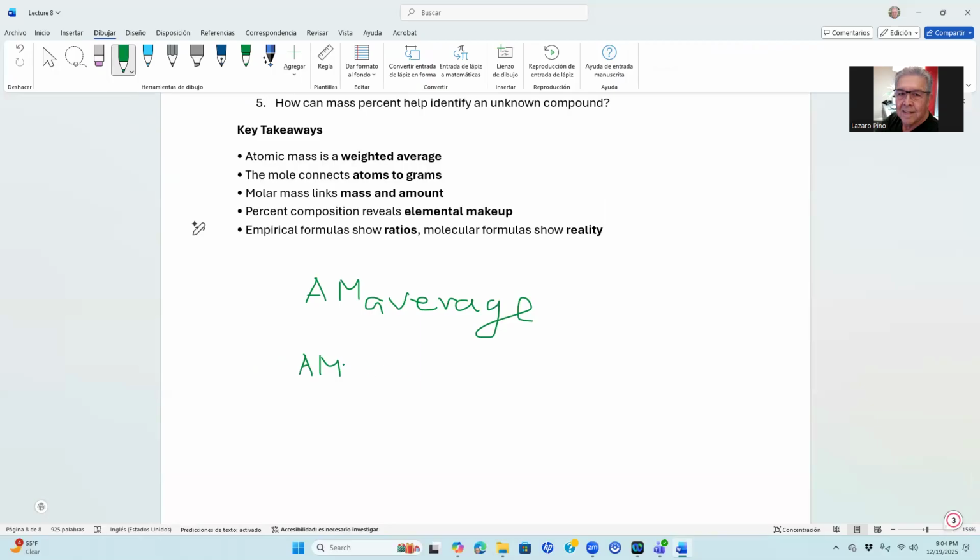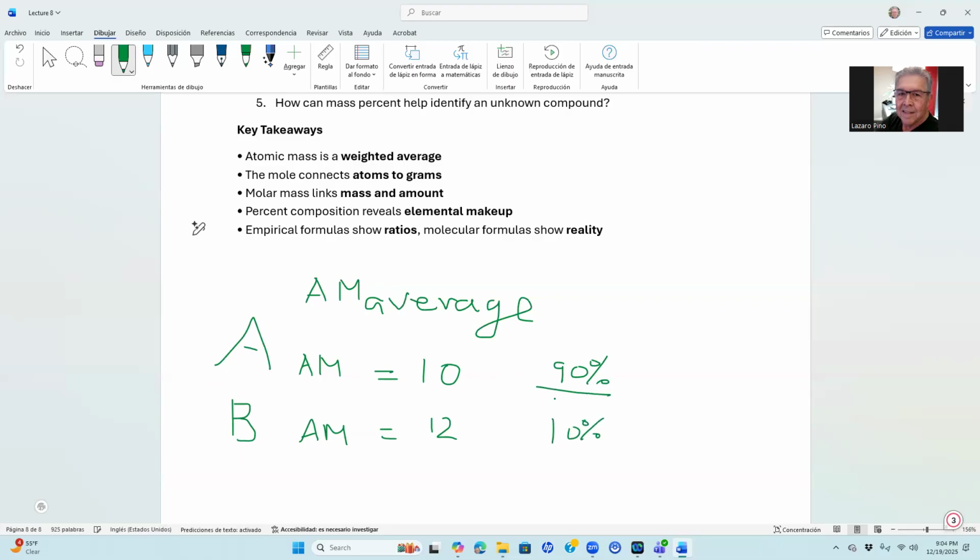Suppose that the atomic mass of A is 10 and the abundance is 90%. And here you have B, and the atomic mass of B is 12, and the abundance is 10%.